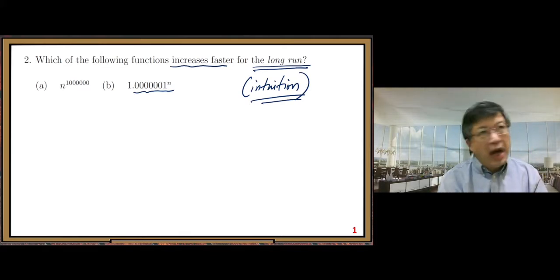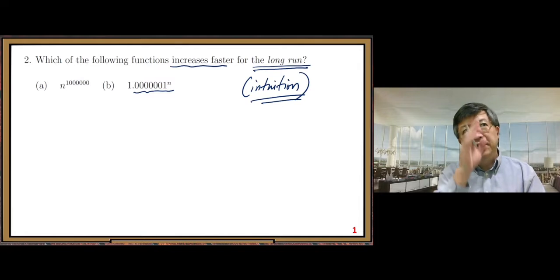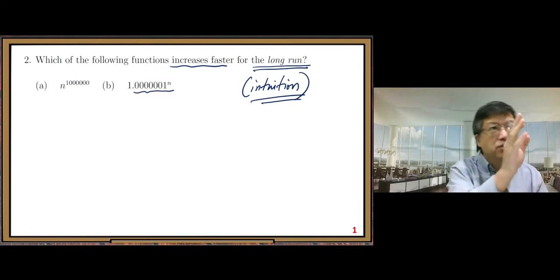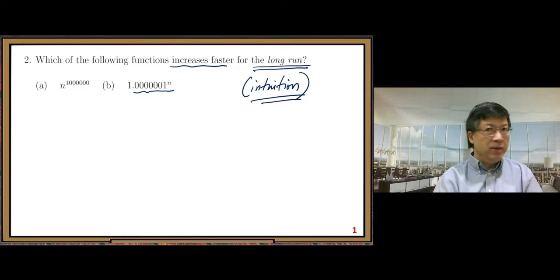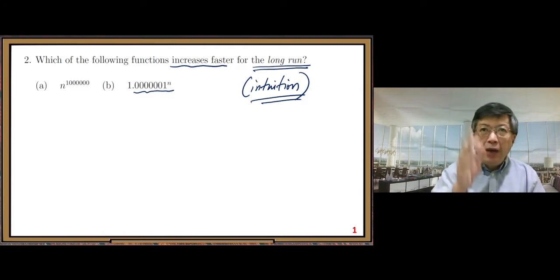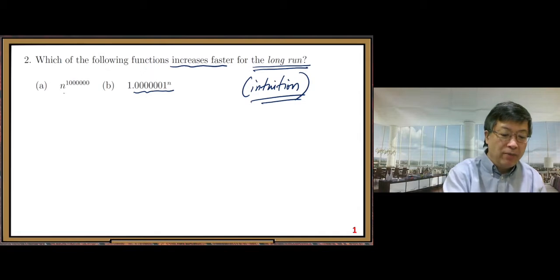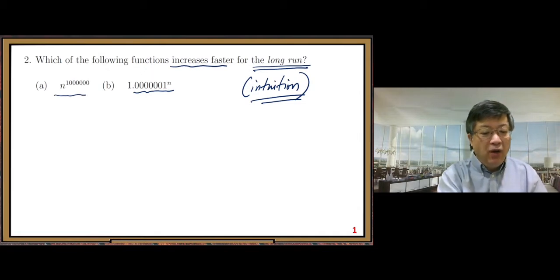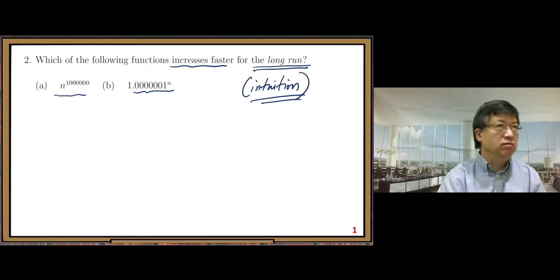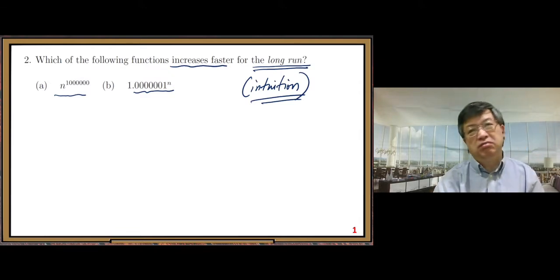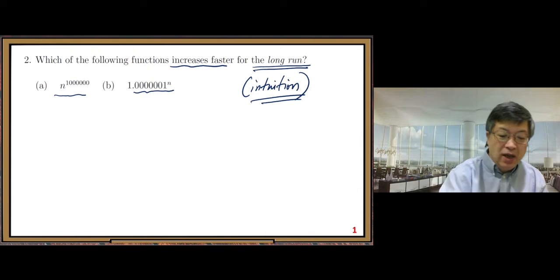If you do not have a lot of experience, it is very likely your intuition is wrong. Another thing for this kind of question, you cannot do experiments. It is not realistic to do experiments. Think about you plug in number n to the 1 millionth power. How can you do the calculation? You cannot. Okay? Look at this.